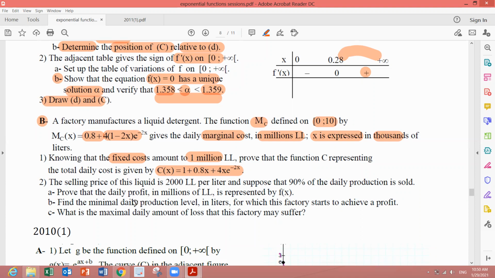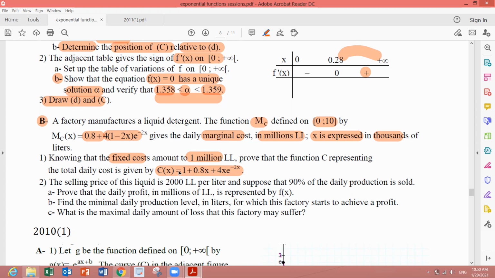Yes, how did you prove that the total cost equal? What is the relation between the cost and the marginal cost? The marginal cost equal how much? Derivative. Okay.